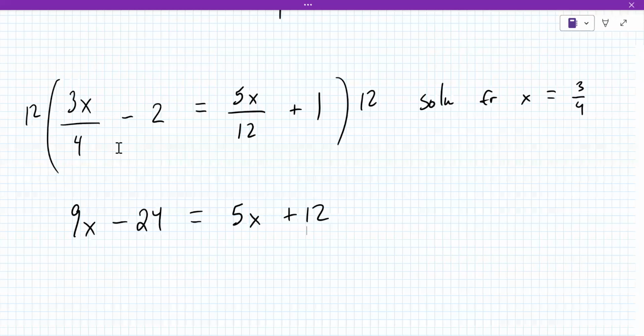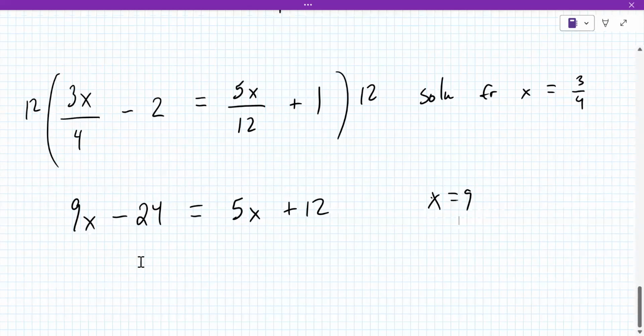So can you solve it from here? Yeah. X equals 9. X does equal 9. Good.